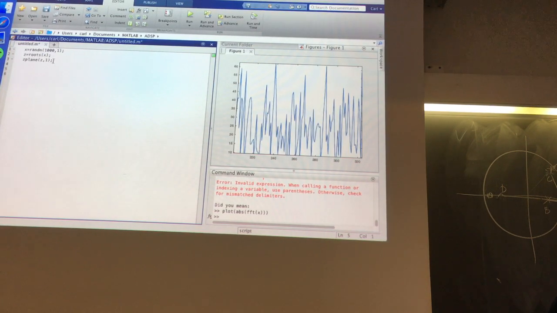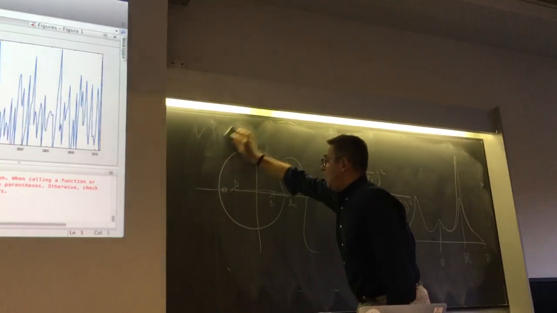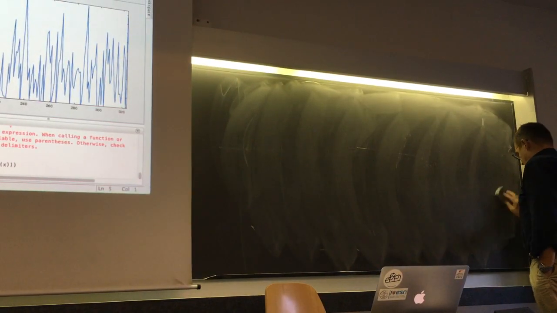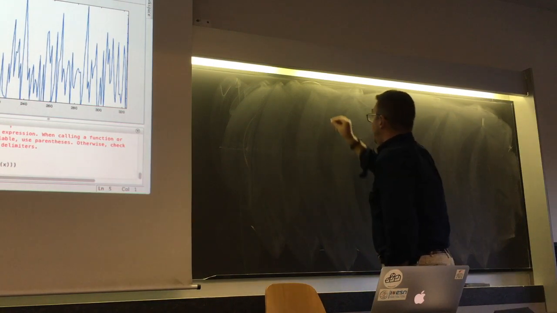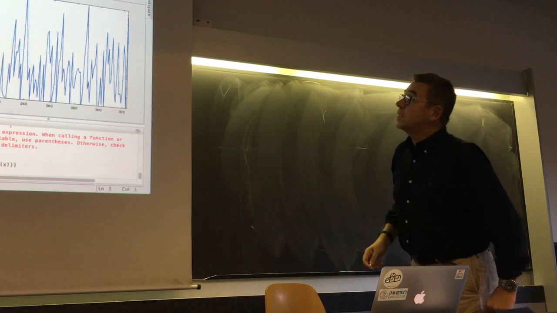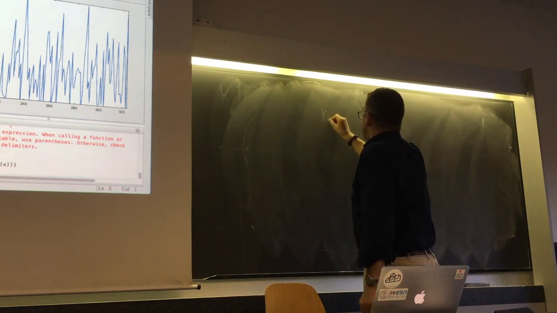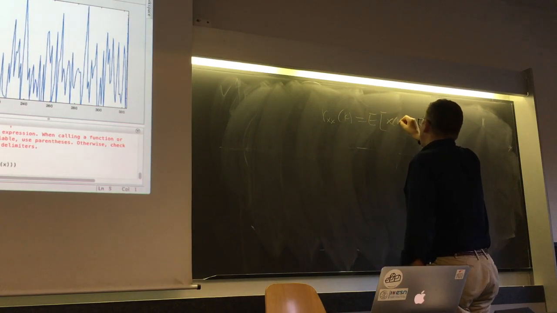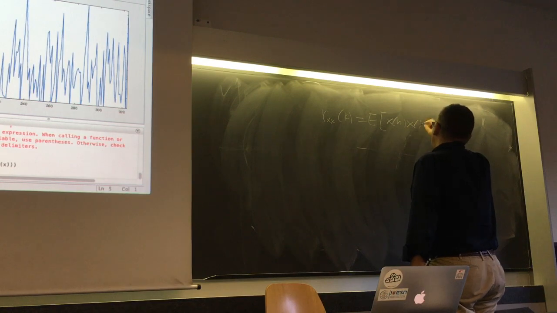Now, let's calculate the autocorrelation numerically. It's not the autocorrelation, it's the numerical computation of the autocorrelation. Remember, the autocorrelation in formulas is this: Rxx[k] is equal to the expectation of x[n] x[n plus k].